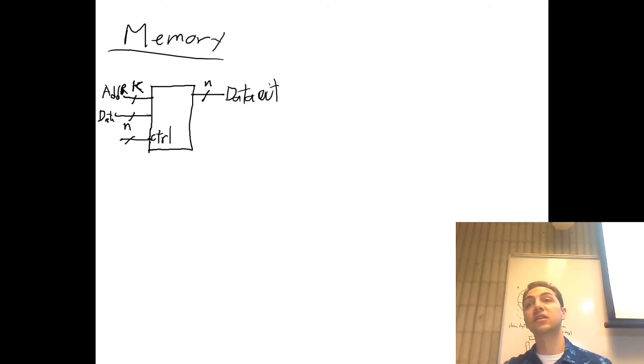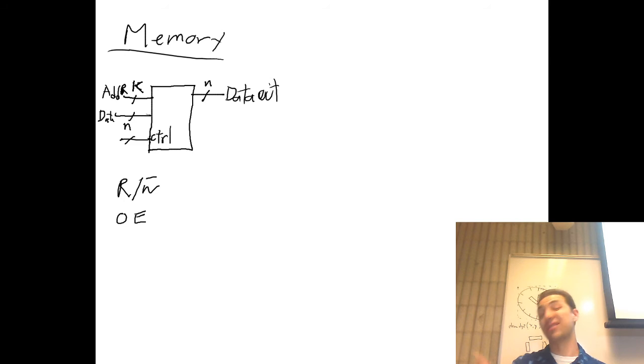Common control signals that you'll see: read, write, output enable, which is what you would use if you wanted to read from something, write enable, which is what you would do if you wanted to write something. So these are sort of mutually exclusive.